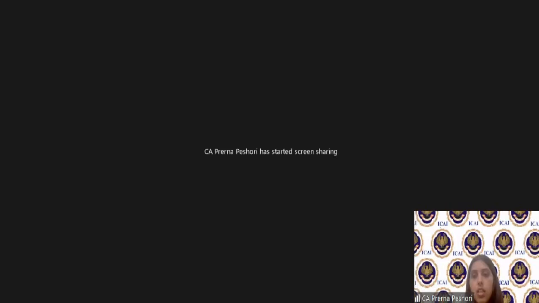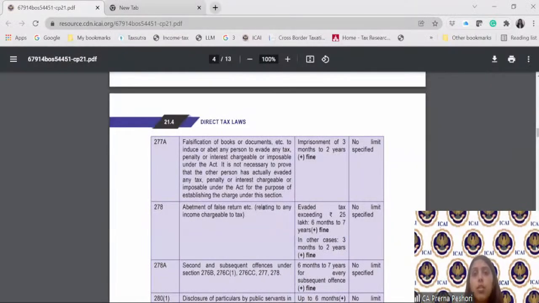Then with respect to falsification of books of accounts to induce or abet any person to evade any tax, penalty or interest which is chargeable or imposable under the Act. So if there is falsification of the books or documents to induce any person to evade tax, then in that case, there can be imprisonment of 3 months to 2 years.